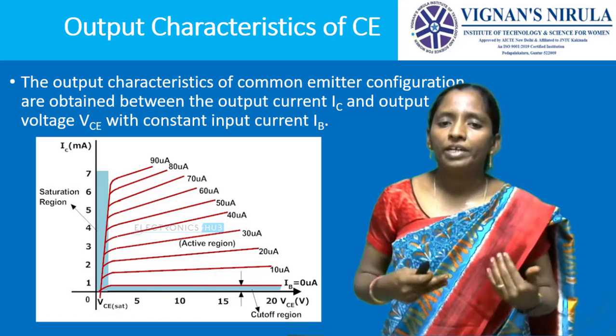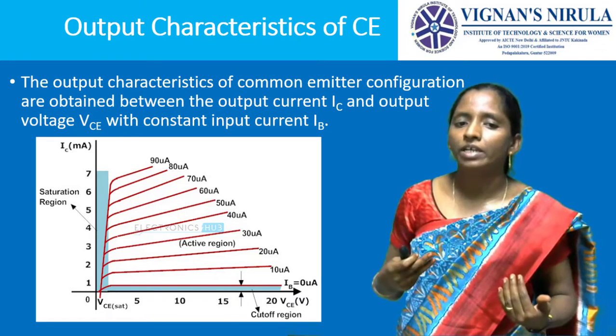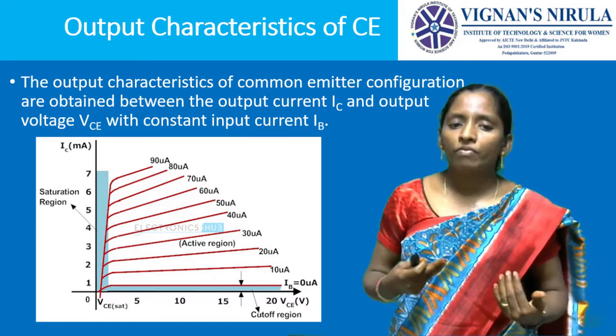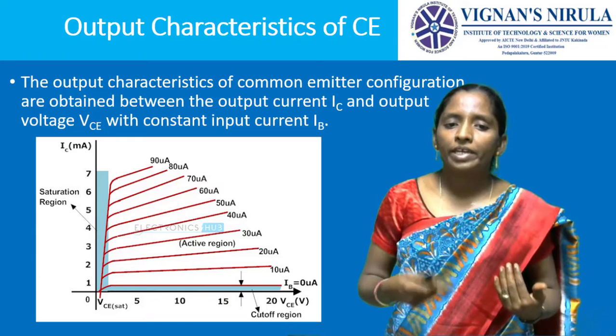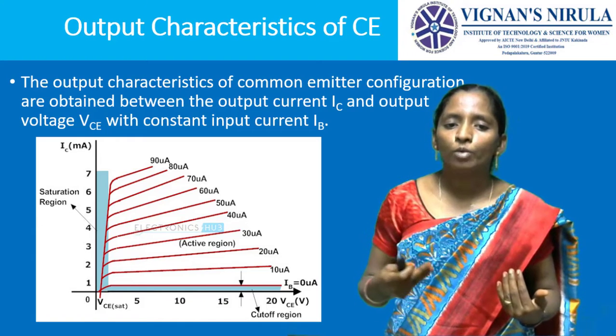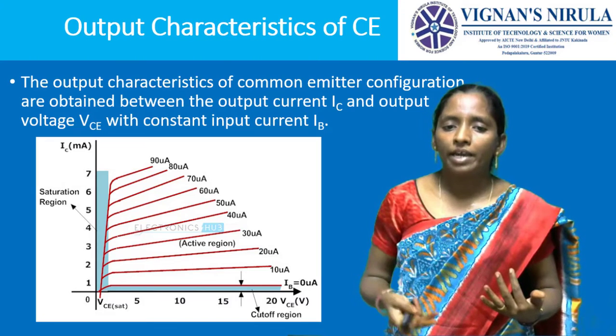Comparison between different transistor configurations. This is the summary of the transistor configurations. In common base configuration, the voltage gain is very high because there is amplification. At the output side, we have high voltage and high resistance.